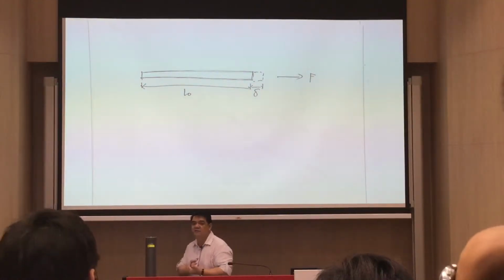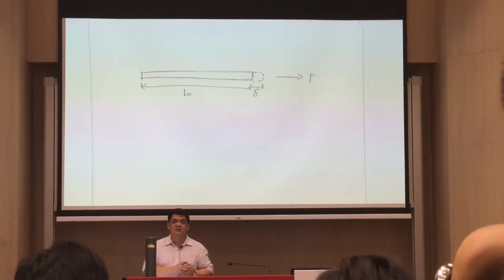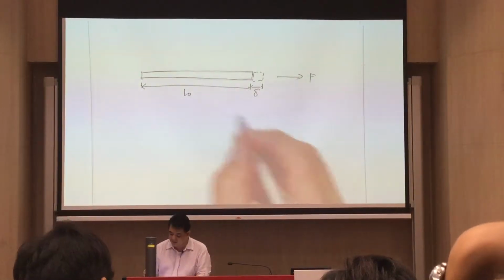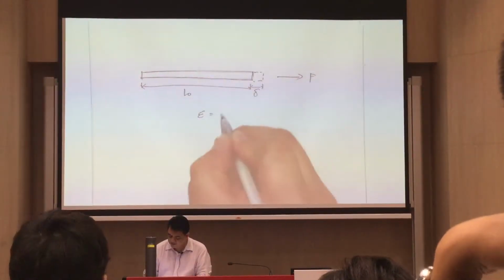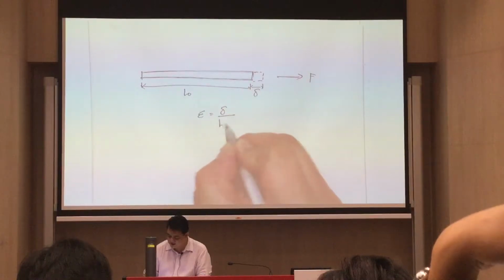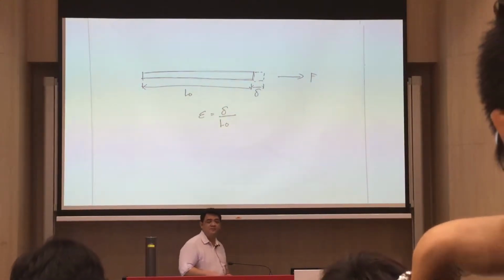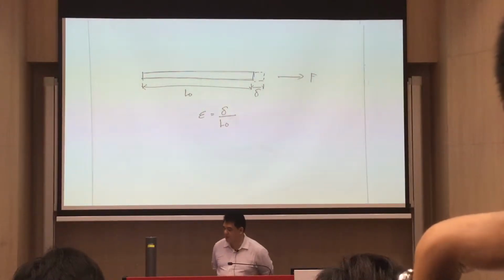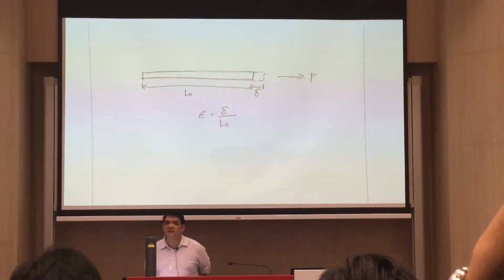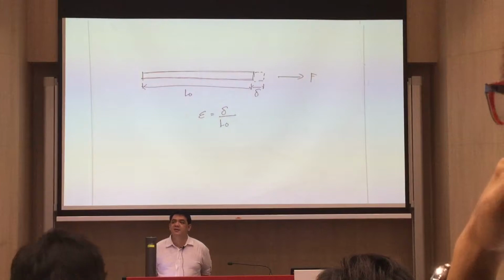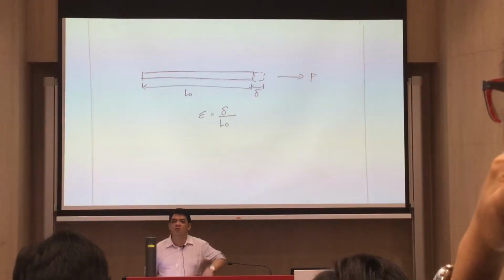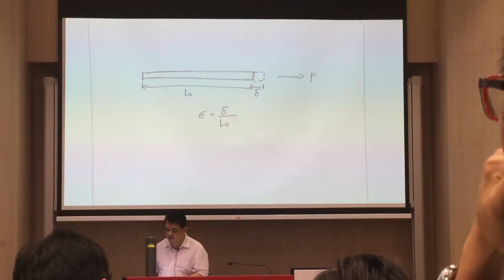How do you solve for your strain? Strain is equal to the displacement divided by the original length. So that's how you calculate your strain. Now let's have a look at a 3D element. Here we're now looking at one side to be much larger than the other.